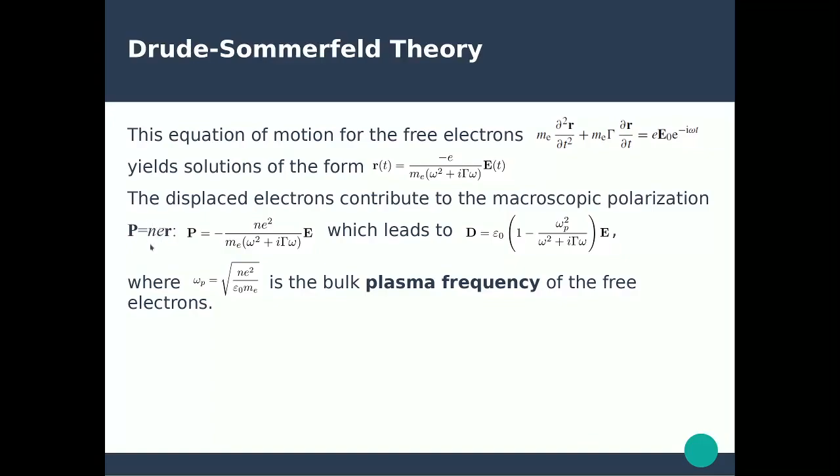So you have the total charge which is being displaced times the actual displacement. So this displacement is what we just calculated, solving the equation of motion. So we can substitute this R in this expression, and you end up with the macroscopic polarization, which can be expressed as a function of the electric field, the number of electrons, so this is in fact the electron density, the charge of the electron, and the mass of the electron.